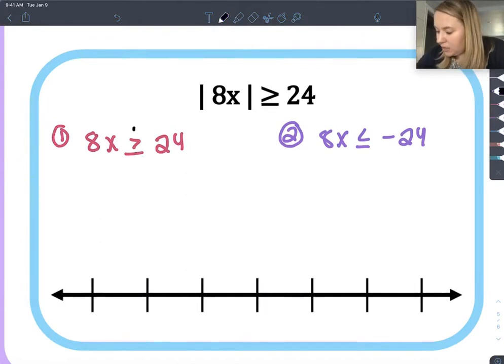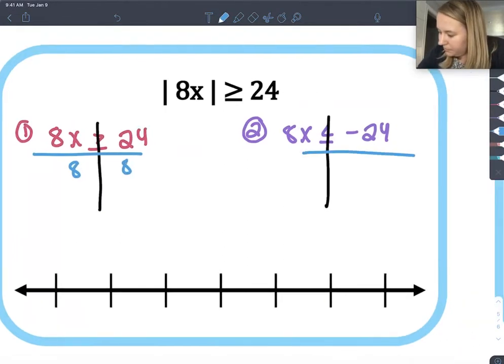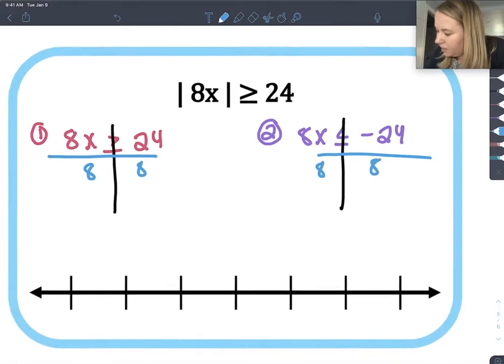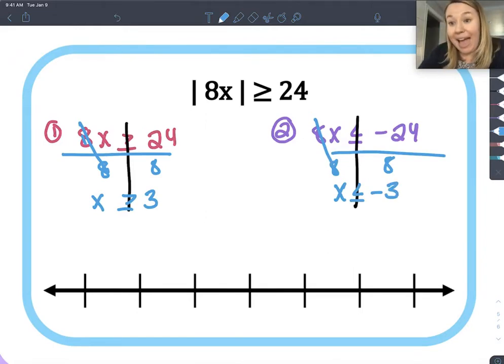In both cases, we're going to solve exactly the same by dividing by 8. The 8's cancel, and x is greater than or equal to 3, and then x is less than or equal to negative 3. And remember, when we write our final answer, we have to write it with an or.